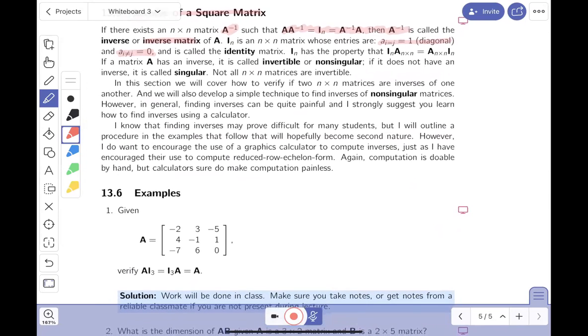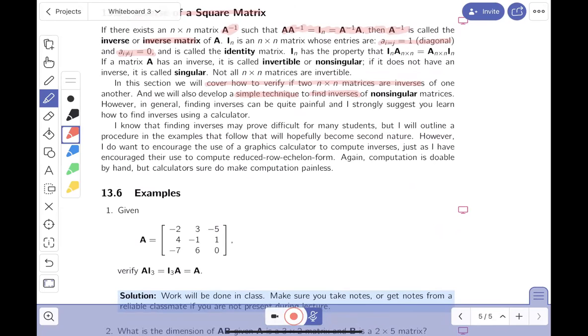We'll cover how to verify that the matrices are inverses. We'll also develop a technique, a simple technique, to find inverses. By the way, that's for matrices that have inverses. Don't believe that all square matrices have inverses. They don't. Some don't.